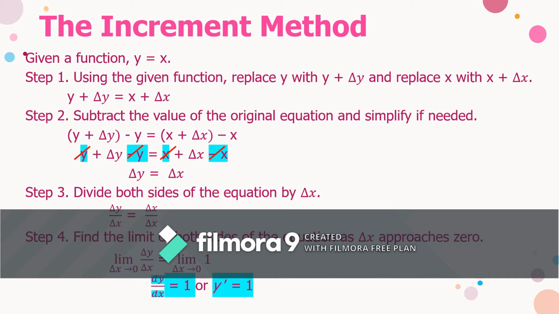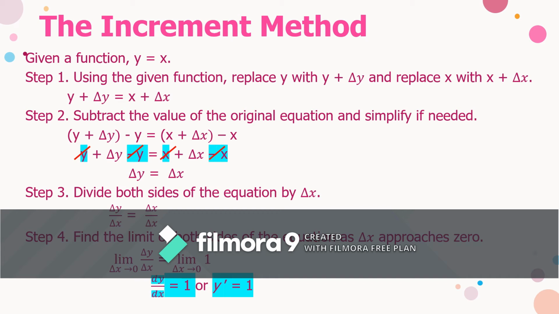So this means the derivative of y with respect to x. We read it as that. Or simply you just write y prime, meaning it is already the derivative of the function y. Okay? Or f prime of x is also accepted. So dividing delta x by itself, it is 1.